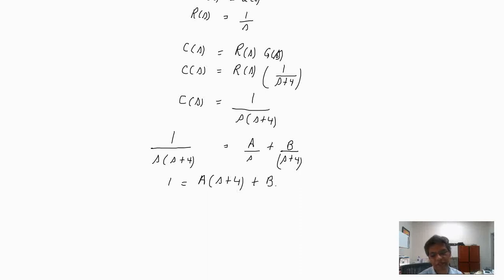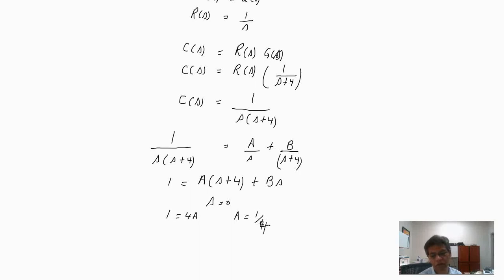Now remember what I told you before, we would like to get rid of B. How do we do it? We set s equal to 0. If we do that, then A will simply be equal to 1 over 4.